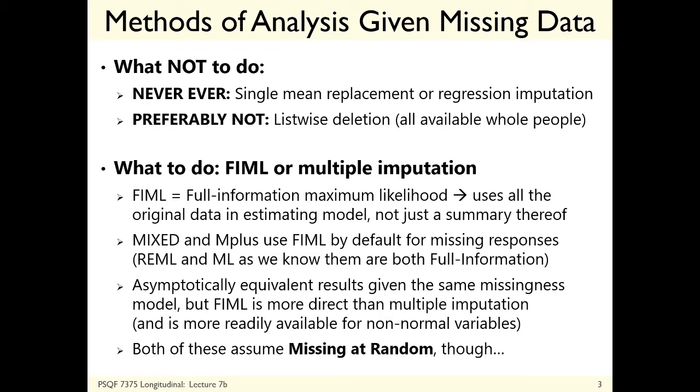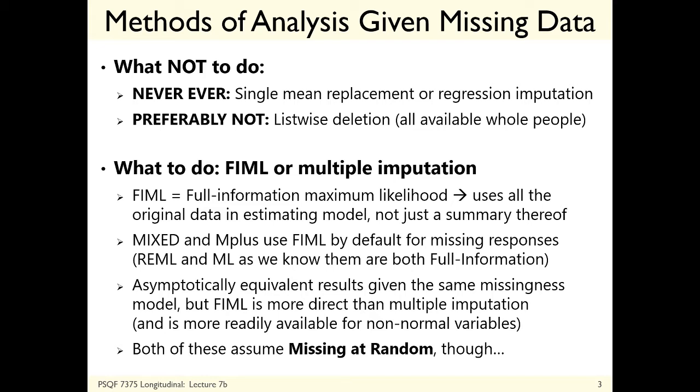REML is full information, yes it is, but for reasons that escape me, FREML is not a thing, but it should be. So if FIML is a thing, FREML should be a thing. That's what we're doing in PROC MIXED. It's using all of the available data, not just a summary thereof. So that's what full information means.